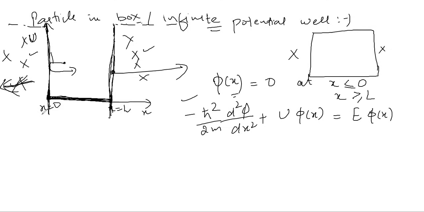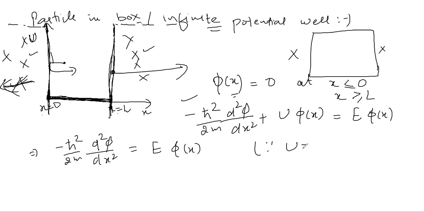So between x is equal to 0 and x is equal to L, U is equal to 0. That means you can rewrite this equation in this form also, because U is equal to 0 inside the well.